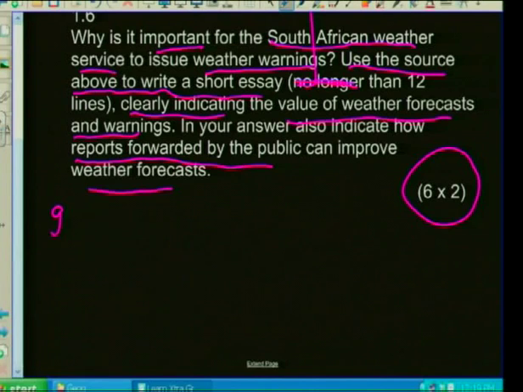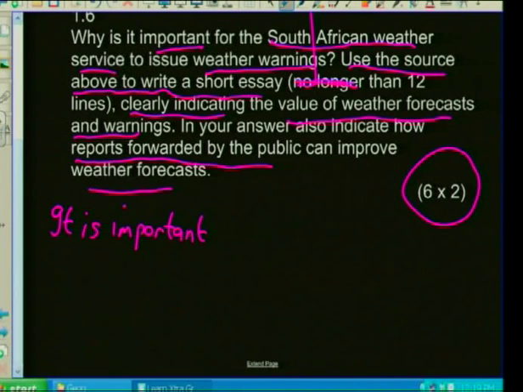I could take the same points that you write and put them into a paragraph. I could start off as, let's look at here, the value. I could say it is important. I'm not going to get a mark for this.